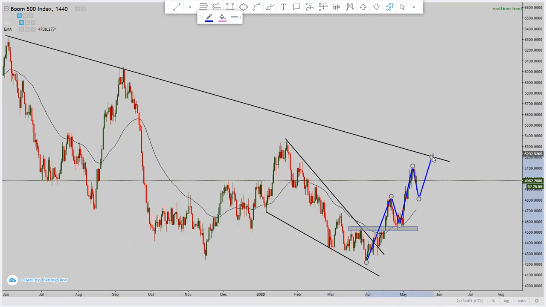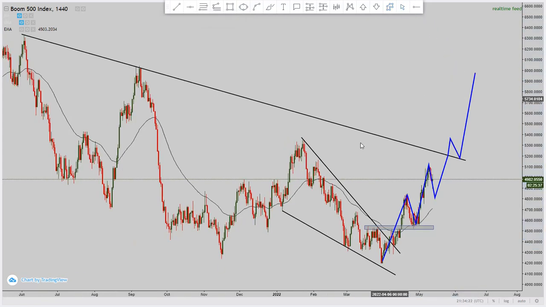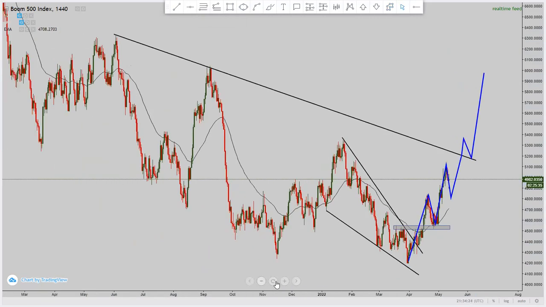Whatever happens at the trend line I've just drawn can also determine whether we're going to add more buys. After it breaks here, we simply add more buys and scale in all the way to the top, just like that. So Boom 500, we are in an uptrend.